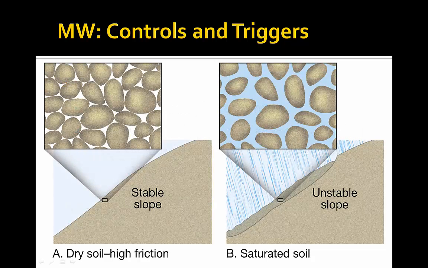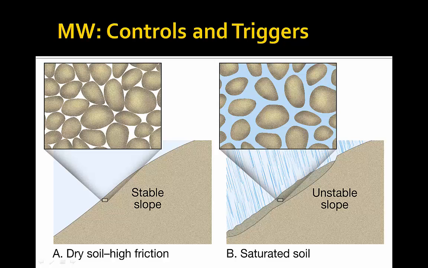In the case of a lot of mass wasting events, the presence of abundant water is going to be important to allow that event to happen. If you have loose sediment, whether it's sand size or boulder size, and you're on a slope that is not very steep, you have a lot of contact between those particles. And those particles are going to have friction with other particles and generally stay in place. If you add a little bit of water, that doesn't always do much.